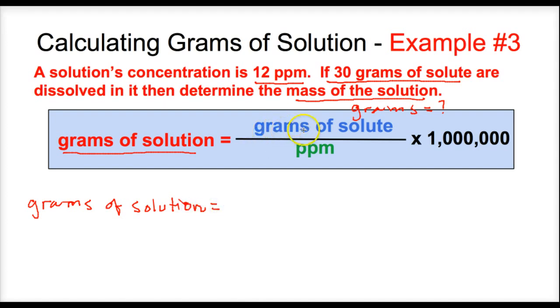we're going to take the grams of solute, which it says right here is 30 grams, and we're going to end up dividing this by the parts per million, which it says right here is 12. And we will multiply by 1,000,000.